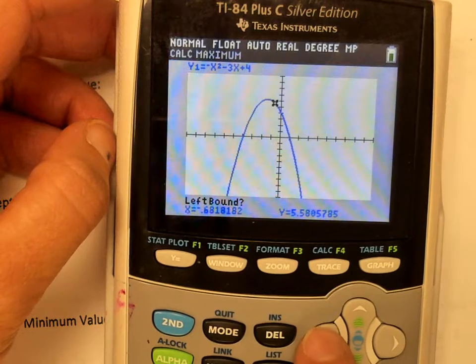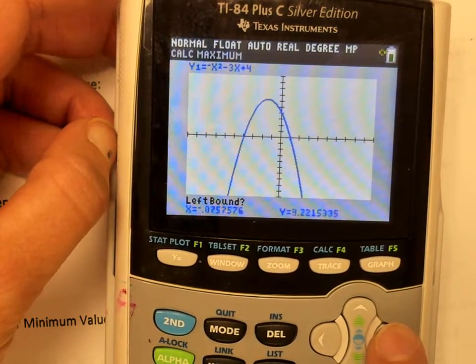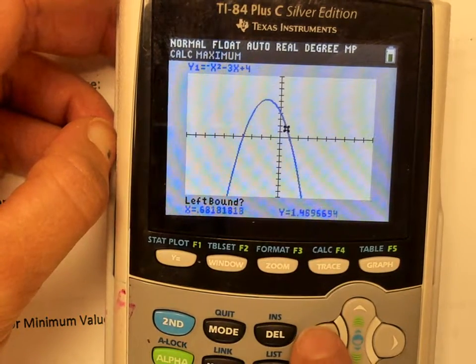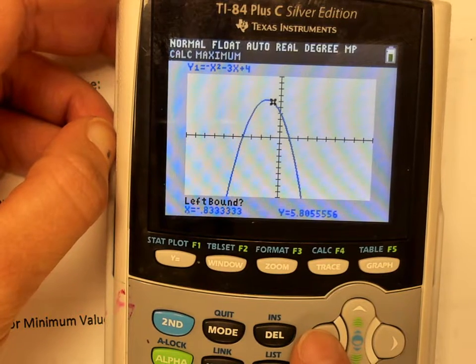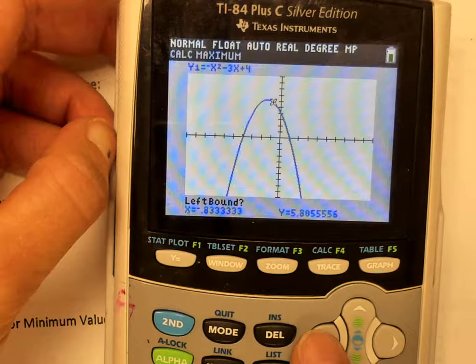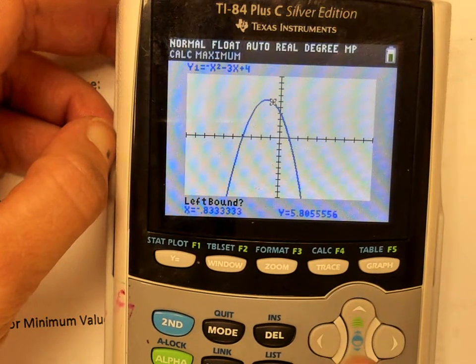You need to move it very close. You can't have that cursor way down here. It has to be really close to the top of that curve. Don't put it at the top, just put it close to the top. Does that make sense to everybody? When you get it close to the top, hit enter.